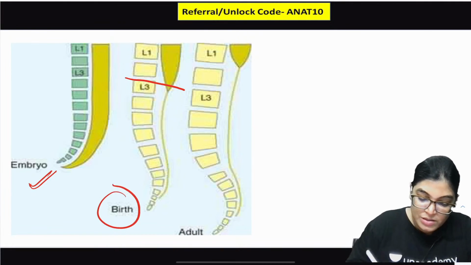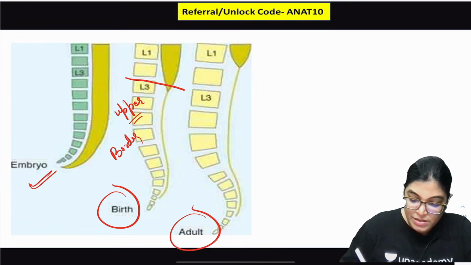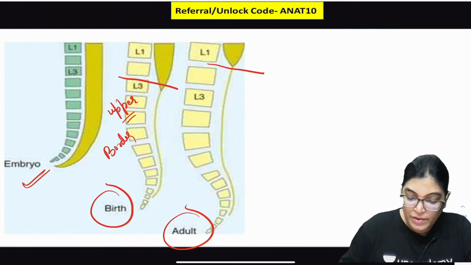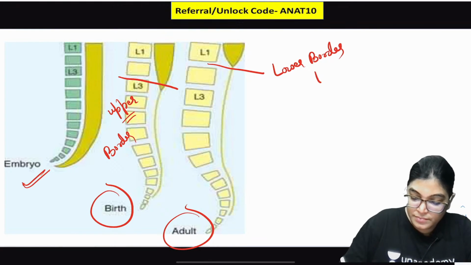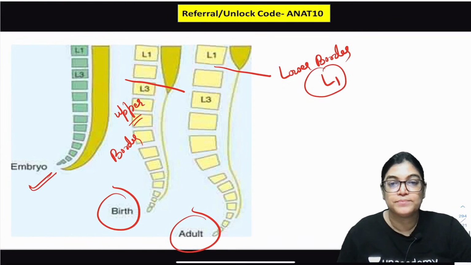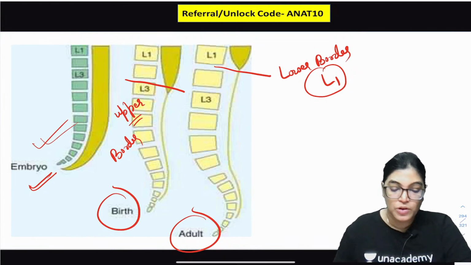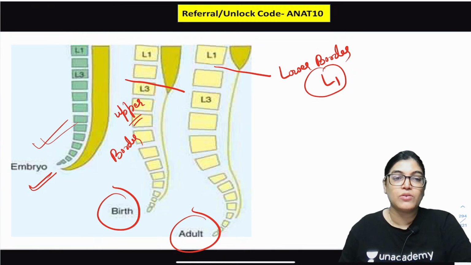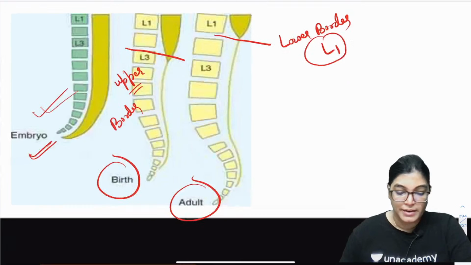In the adult it corresponds to the lower border of L1, the ending of the spinal cord. Until the 3rd month of intrauterine life, in the embryo, both the spinal cord and the vertebral column correspond to each other. Yes, Rangraj, absolutely right.